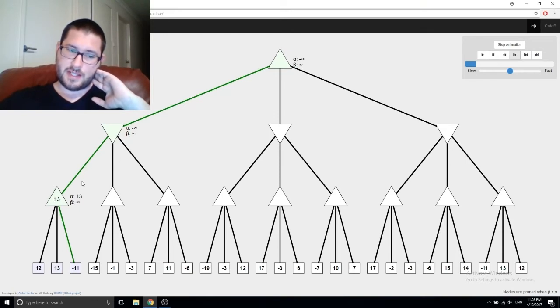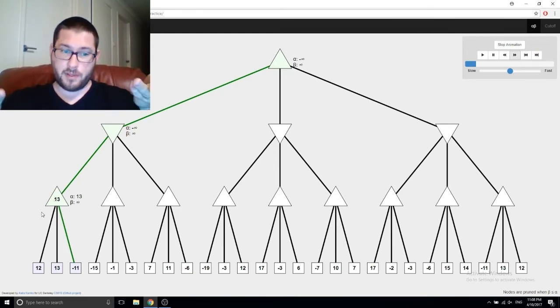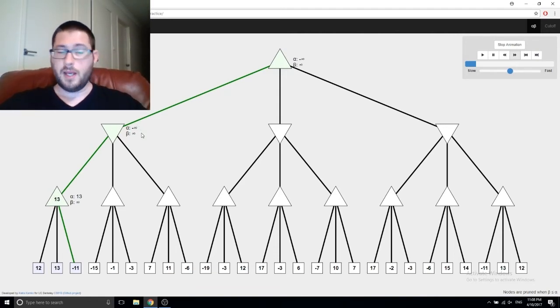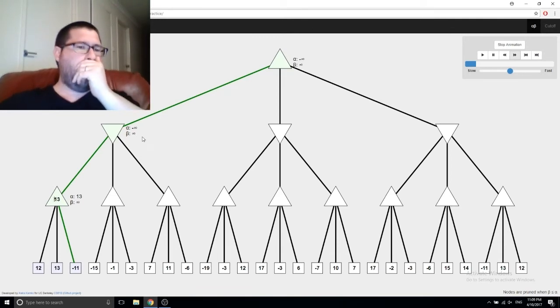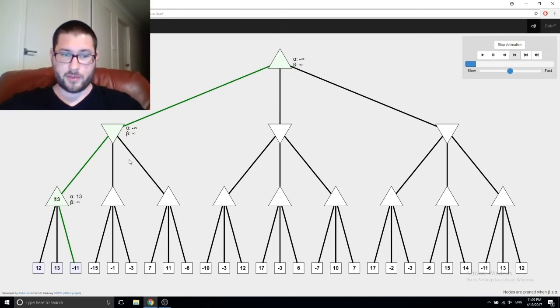Because, as I said before, the maximizing nodes are trying to push up the alpha value based on the results of their children. The minimizing nodes are trying to push down the beta value. So it's updating the beta value. And I haven't yet told you why this is useful, or how this is useful, but we should get to it within this next branch here.